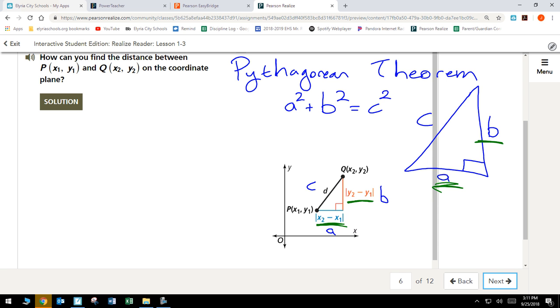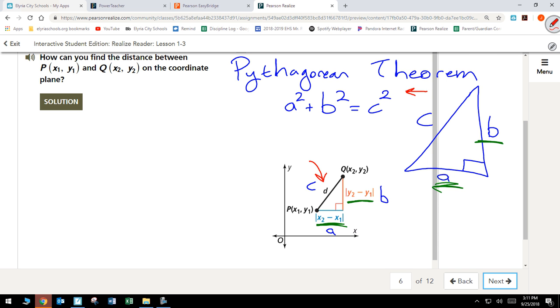Now, the Pythagorean theorem gives you c squared. But we just want to know the value c. Or in our case, we're going to start calling it d, as they do here, just because we're talking about distance. So if you want to find just that value, we need to undo the square on c.